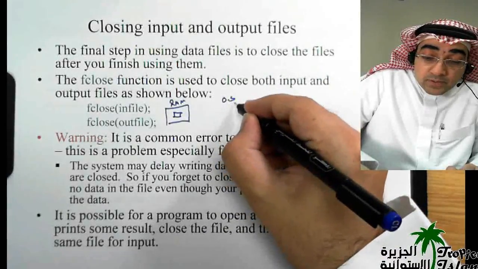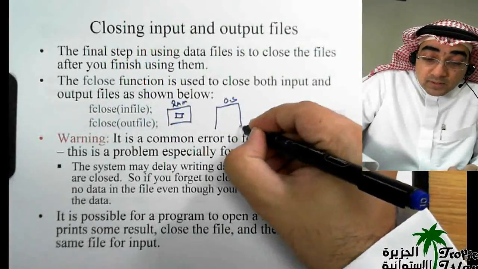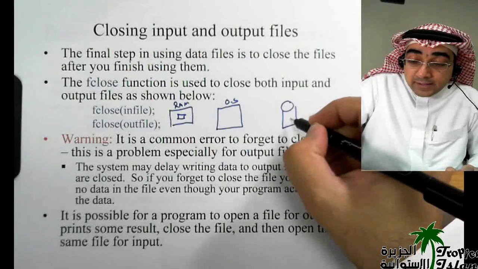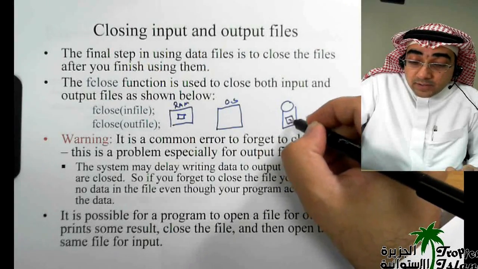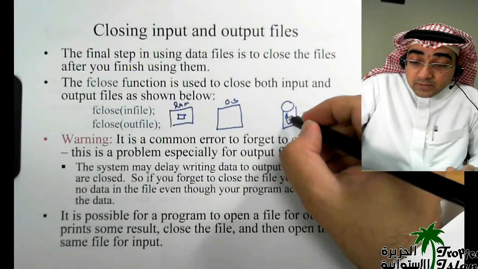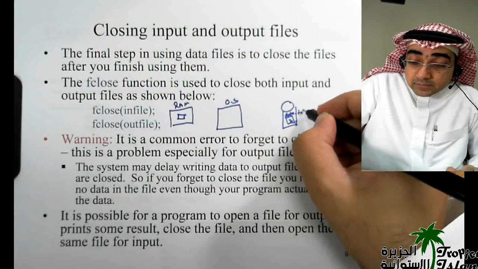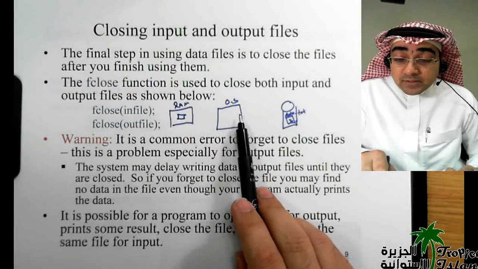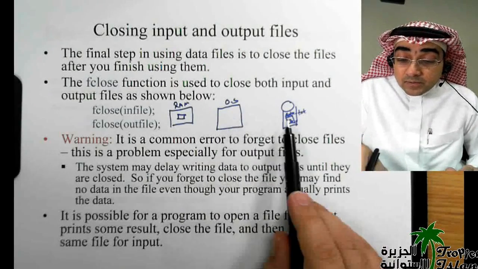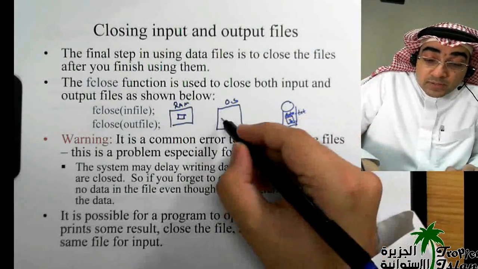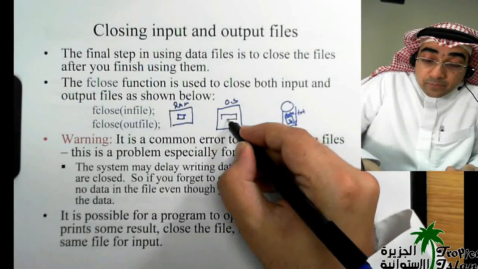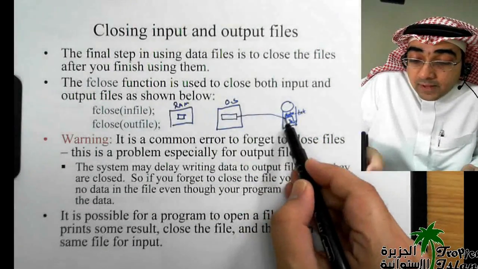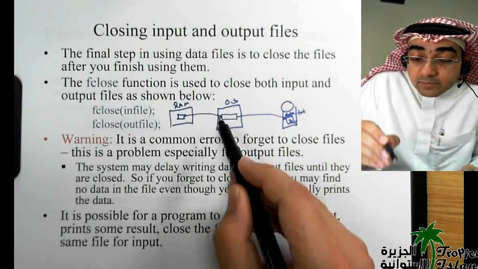Remember that we have the operating system, and the operating system is always sitting in the middle, and your hard disk is over here. So your file data.txt is somewhere in the hard disk, and you're opening data.txt, for example. What you do is you go and ask the operating system to open this file. The operating system is going to look for this file, and it's going to create a buffer for you, and it will be pointing at this file and you will be pointing at this buffer.